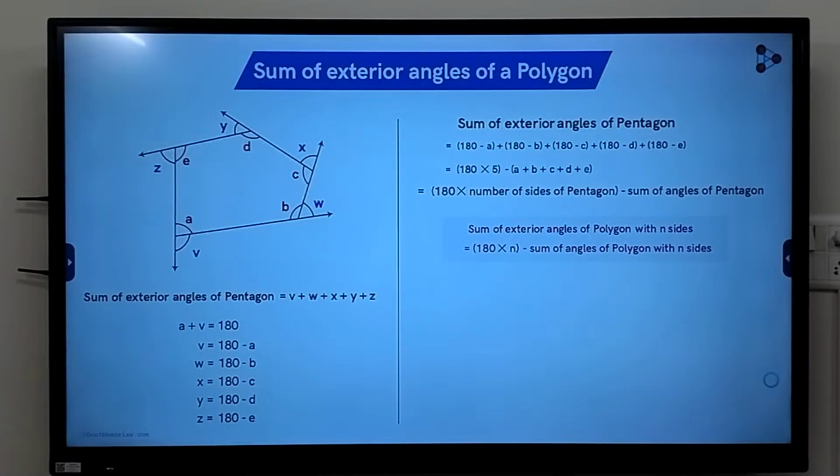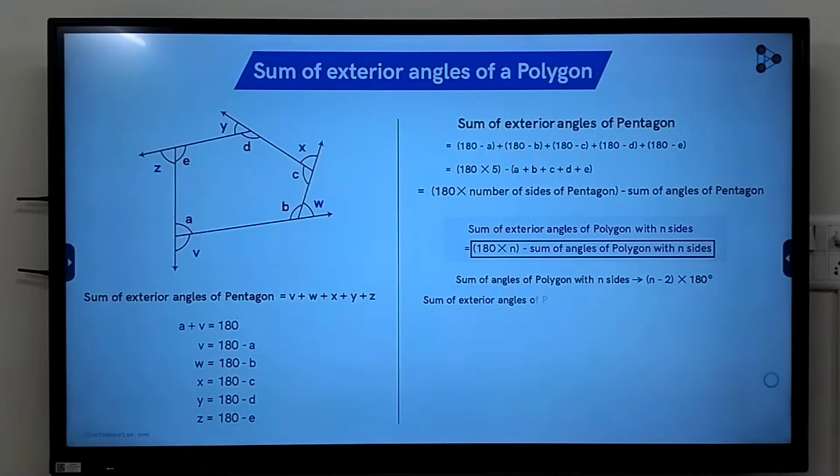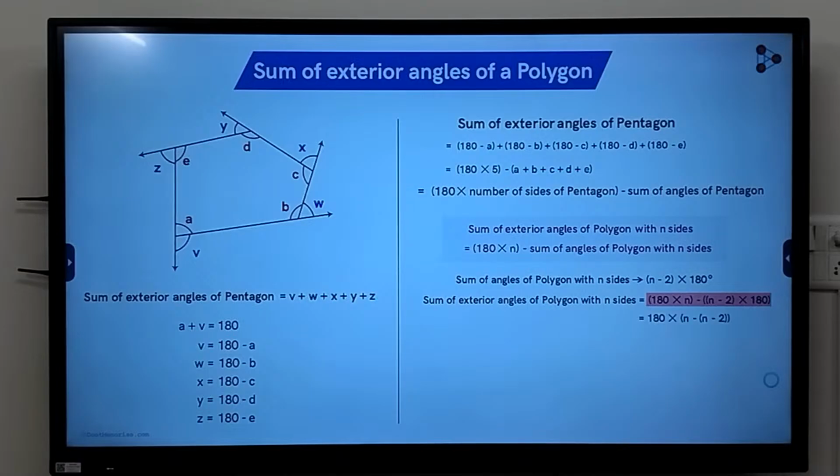Now, do you remember the formula we had derived for the sum of angles of a polygon with n sides? Yes, it's given by n minus 2 times 180 degrees. Substituting this in our equation, we get this. Now, on simplifying the right-hand side of the equation, we get this. So the sum of the exterior angles of a polygon with n sides is equal to 360 degrees.